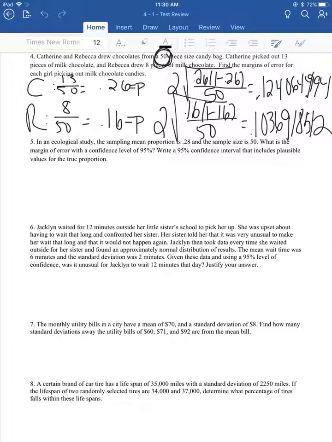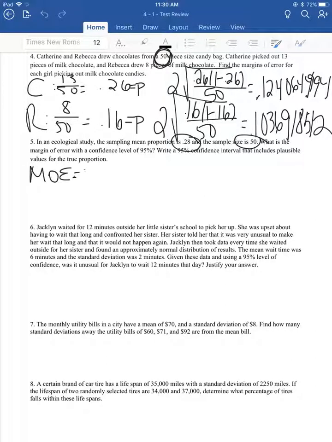Number 5 says that in an ecological study, the sampling mean proportion is 0.28 and the sample size is 50. What is the margin of error with a confidence level of 95%? So to find the margin of error, here we have the p-value, the sampling mean proportion is 0.28, and the sample size is 50.